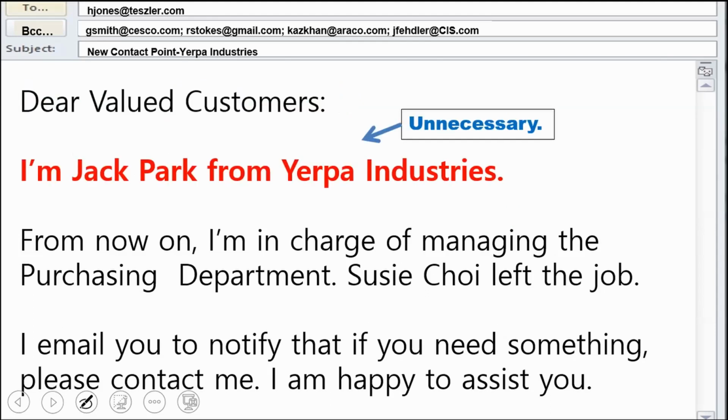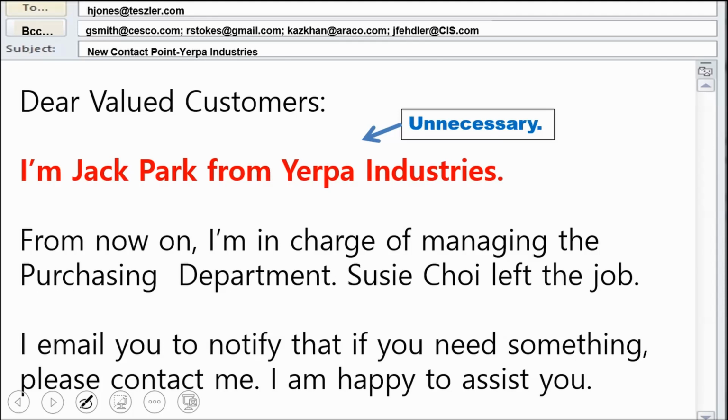Now here I highlighted it and I made a note and I said it's unnecessary.